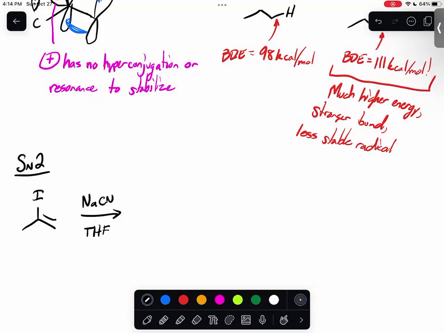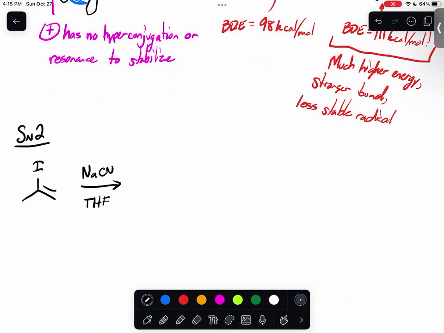But let's say we tried to do the same thing this time where we took that CN minus and did a backside attack. Well, in this case, doing the backside attack isn't super hard, right? There's relatively minimal sterics. I mean, there's hydrogen sticking out here that'll get you into a little bit of trouble, right? So it's more sterics than a general secondary, but it's not impossible.